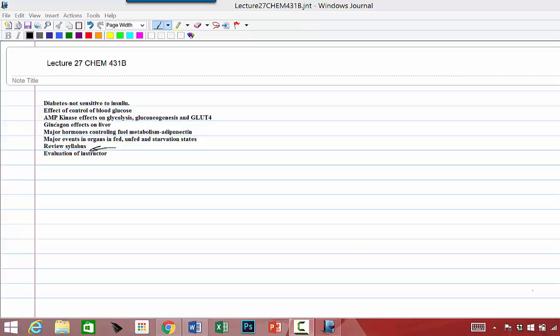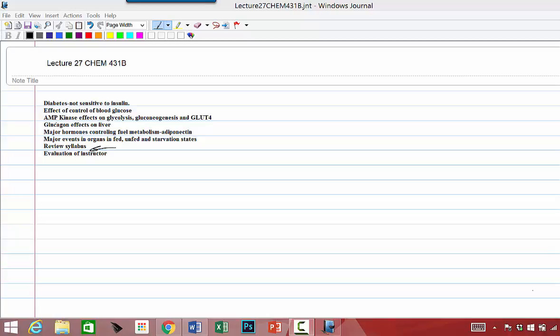It will increase the activity of the gluconeogenesis pathway. So you get a decrease in glycolysis and an increase in gluconeogenesis, and you need that in the liver in order to make glucose to export to the cell. Just this one pathway is all I'm interested in.